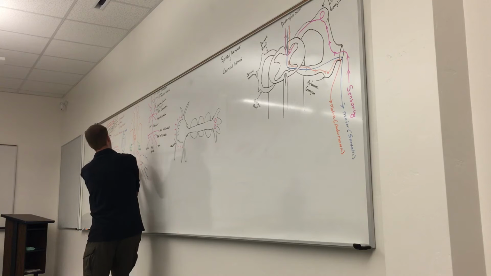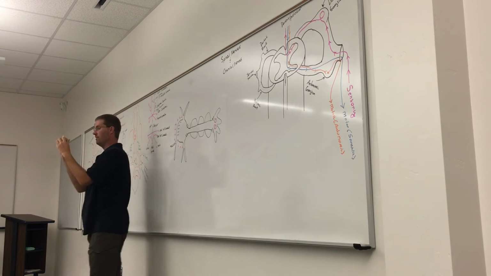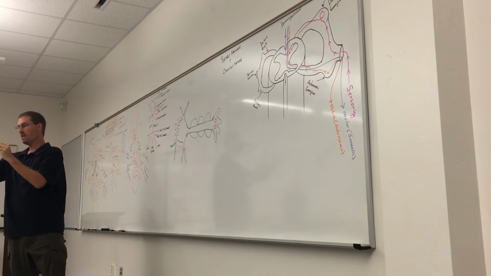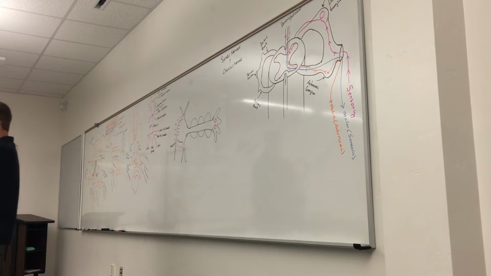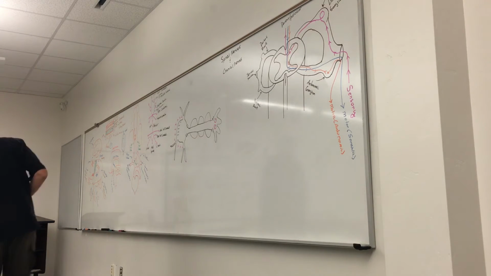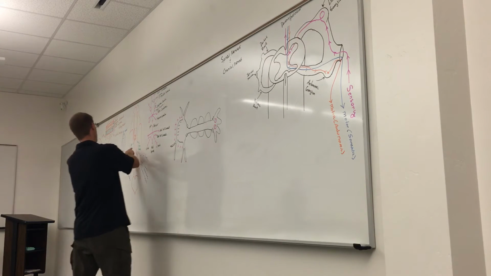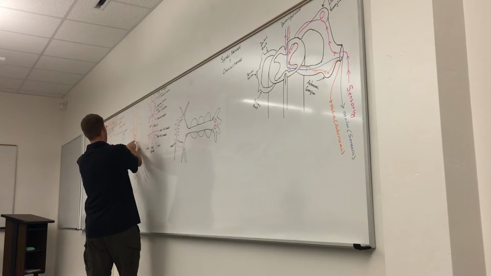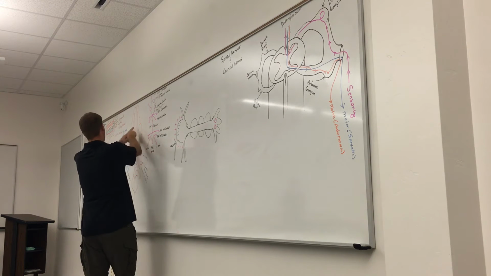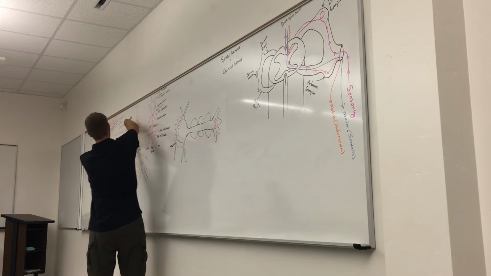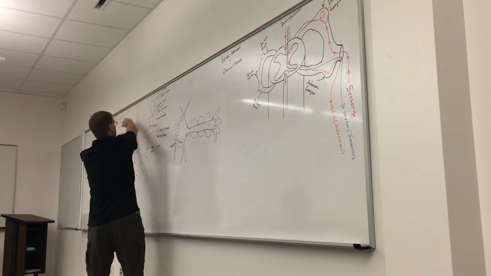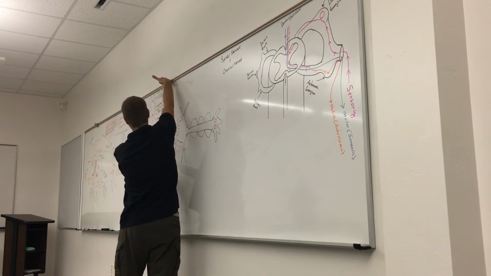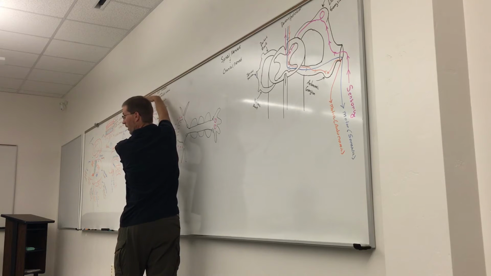So my vertebral arteries are back here on the back of the brainstem. And where the vertebral arteries come in and where the internal carotids come in, this whole area here, I'm going to enlarge and make it this drawing right here.